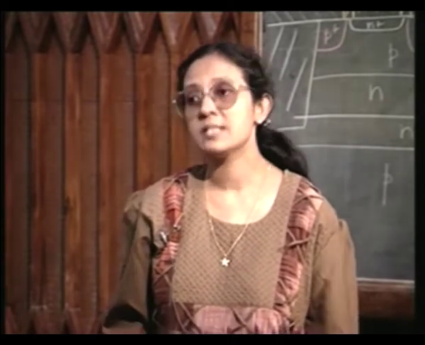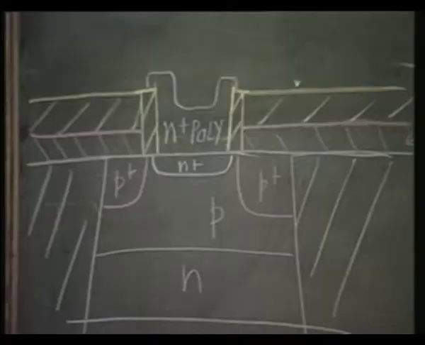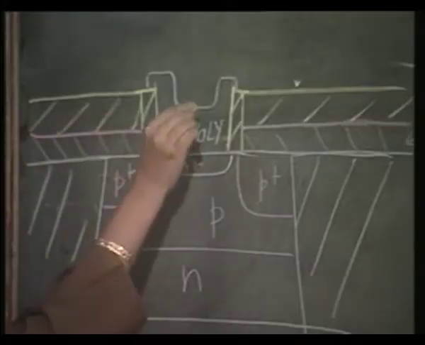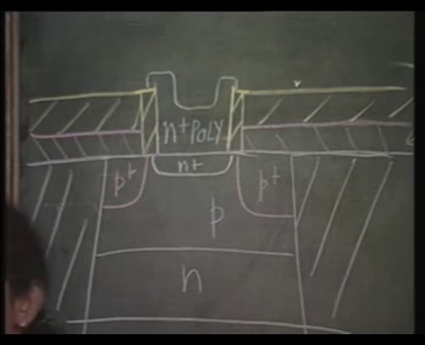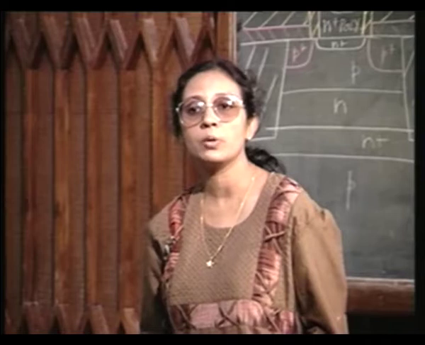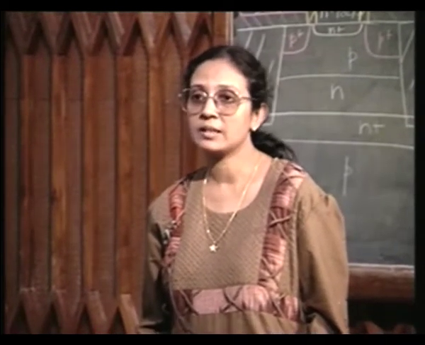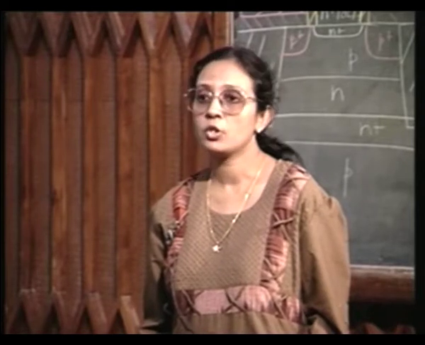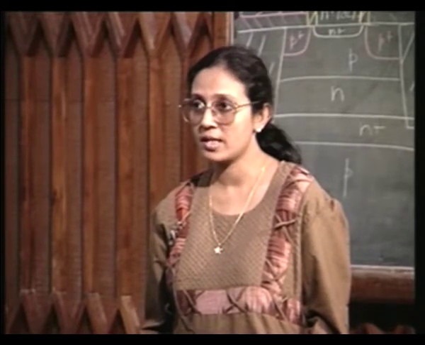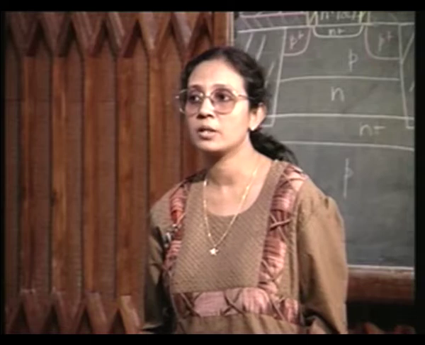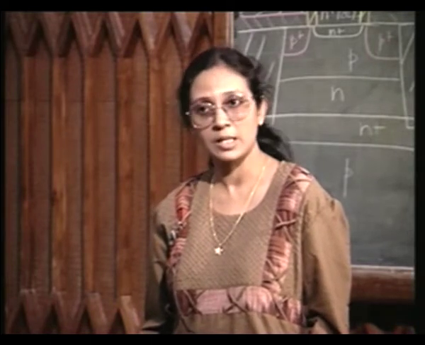Second advantage is, in this particular case, your surface has CVD SiO2. CVD SiO2 is not as good in quality as thermal oxide. If on the other hand you deposit undoped poly and later on oxidize it, you are going to have a better quality thermal oxide protecting the surface.